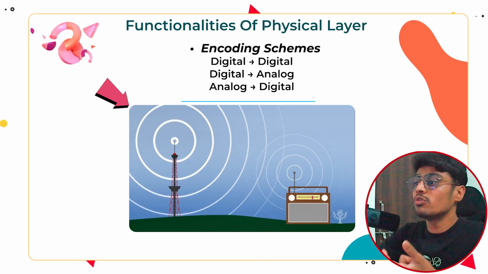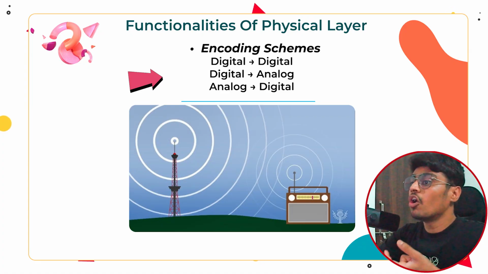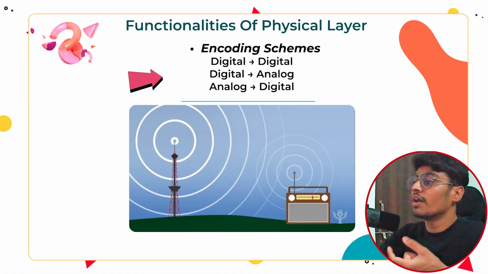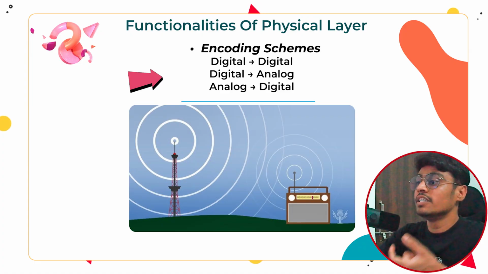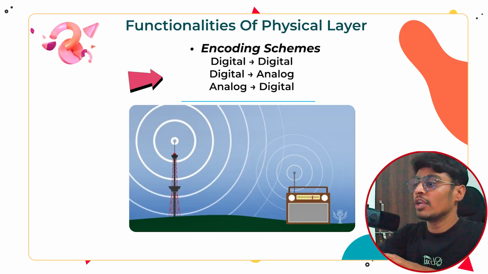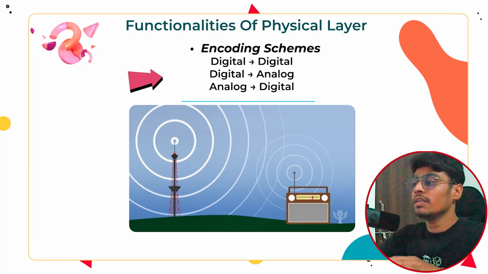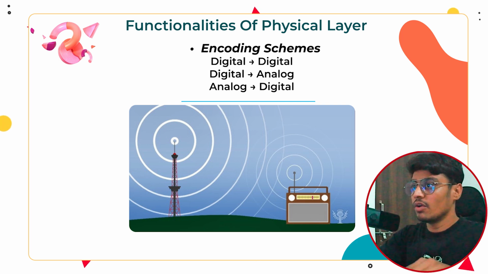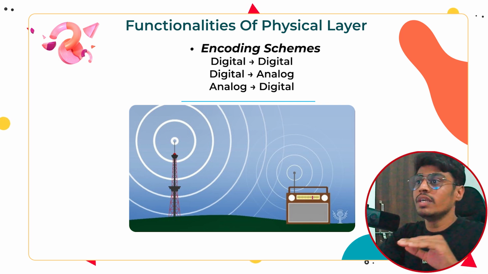So do we have to send the analog signal directly, or encode it into digital, or is it analog to analog, digital to digital, or digital to analog? All these encoding methods are covered in encoding schemes. Again, this is inside the physical layer. This is the functionality of encoding schemes.